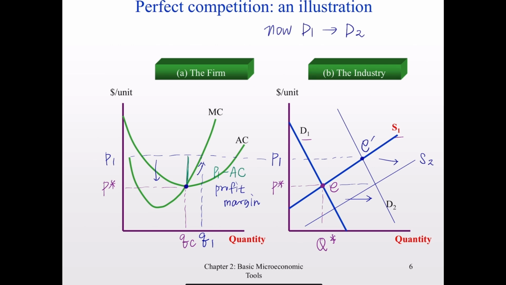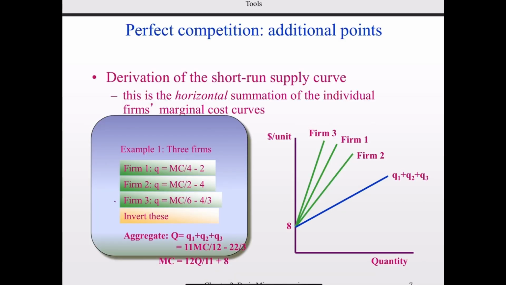This sequence of events illustrates the dynamic nature of the perfectly competitive market and how it adjusts to changes in market conditions. Let's move on to the next point. Let's discuss how we derive the short-run supply curve.